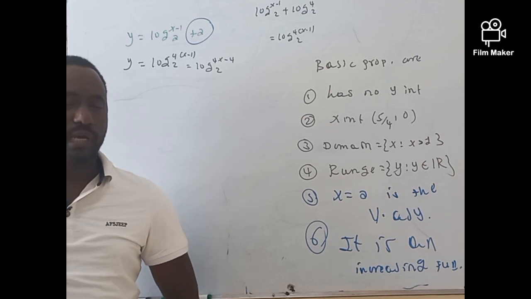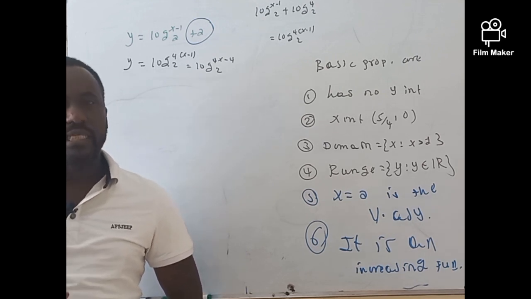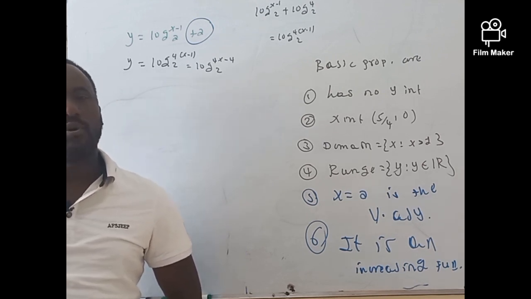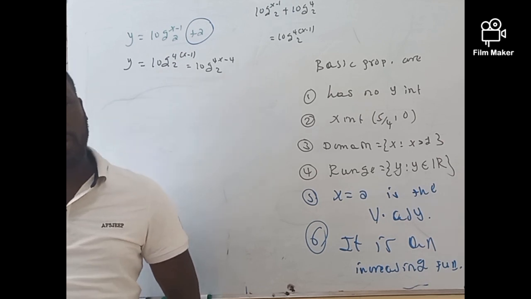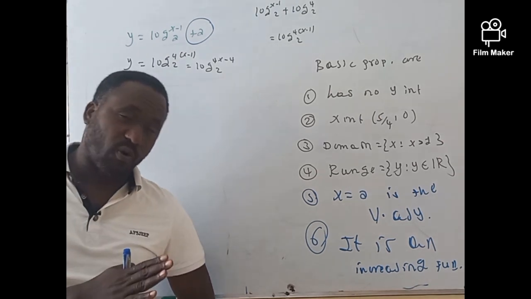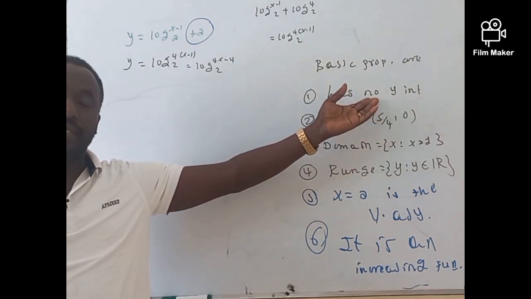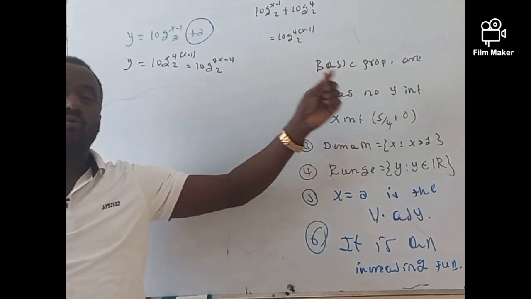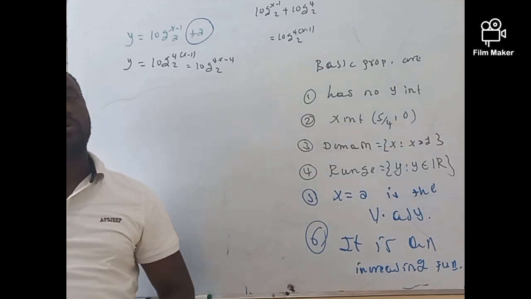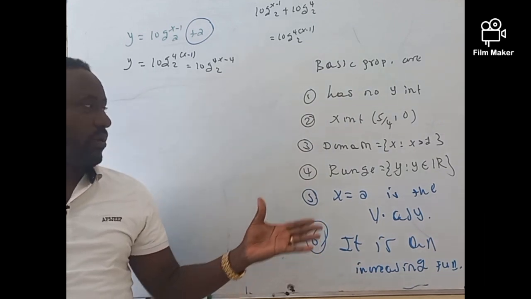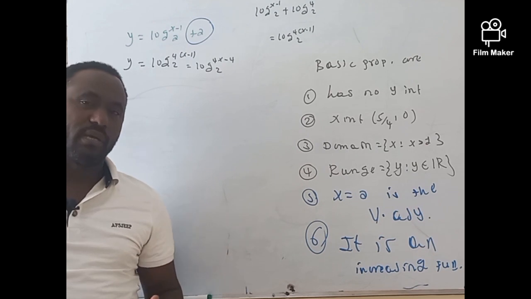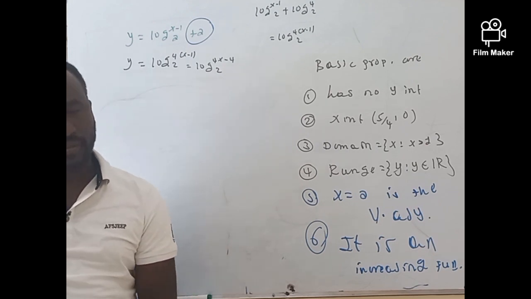These are very crucial whenever you are asked about the graph properties of exponentials and logarithms. In the case of exponential, the y-intercept always exists. But the x-intercept depends, it may exist or may not exist.